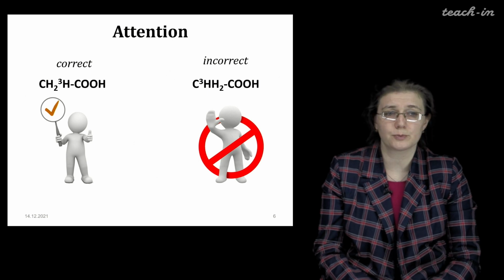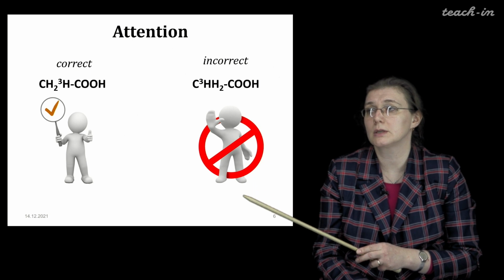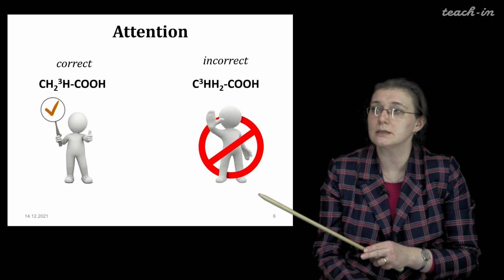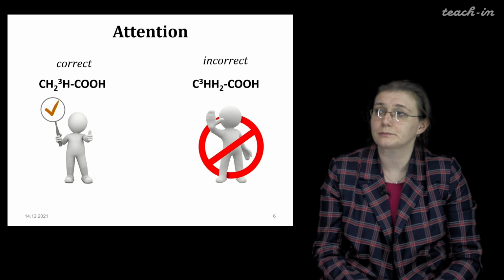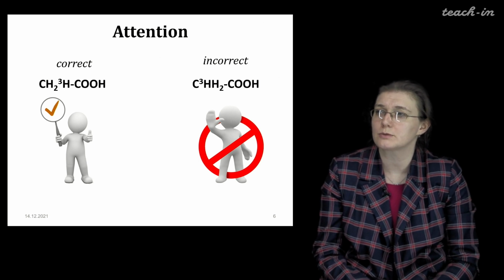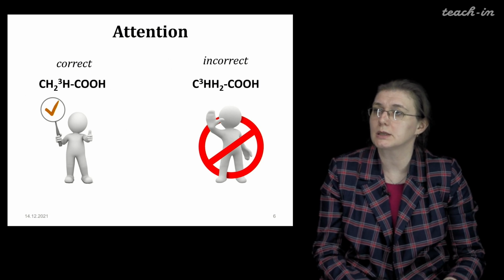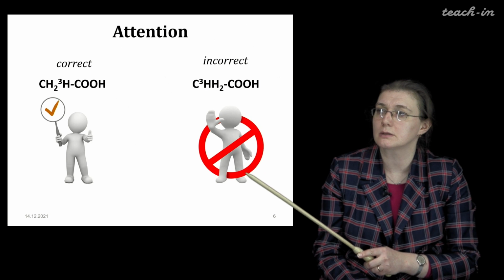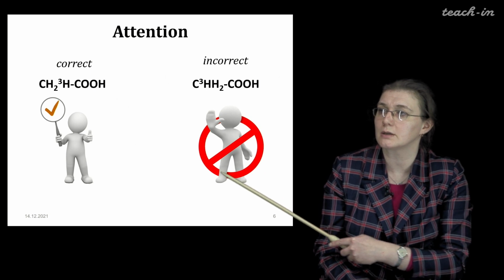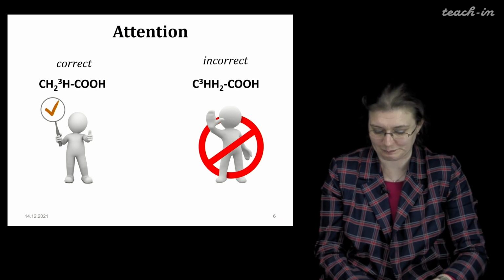And I want to draw your attention to the correct names and formulas of labeled compounds on the left side of the slide, and the incorrect ones. Here you can see the isotope is given in the last position in the correct writing.